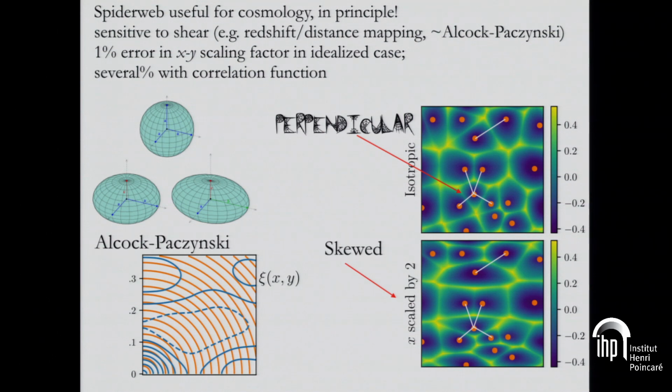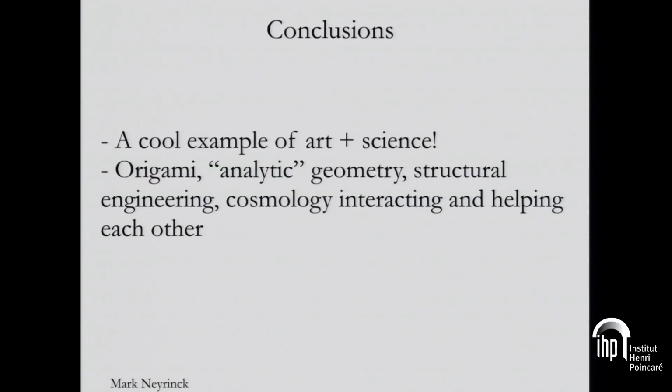And it's more difficult to optimize the fit of these blue things to the orange things than it is, in principle, in this idealized case, to look for perpendicularity, I would argue. Okay, so that is it. I'll just stop there. Thanks.